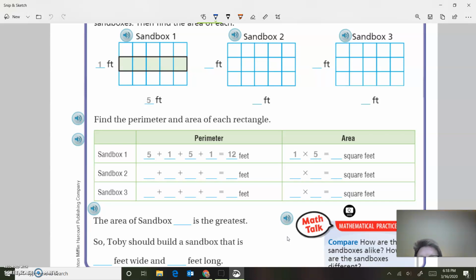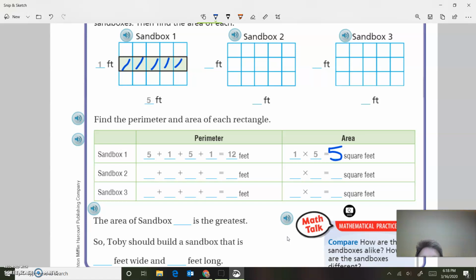Well, if you think about it, area is length times width. Area is how many squares you can fit into something. Are you going to be able to fit a lot of squares in a shape that's skinny and long like this one that's 1 by 5? Let's just see here. We got 1, 2, 3, 4, 5. So that shape might have a perimeter of 12, but it's only got an area of 5. So that's what we're going to put in the first one, 5 square feet.